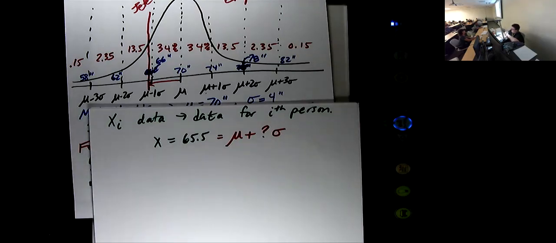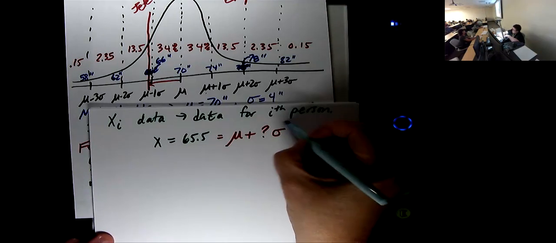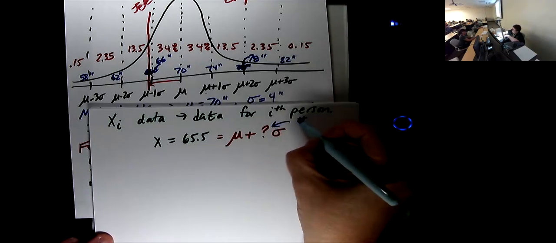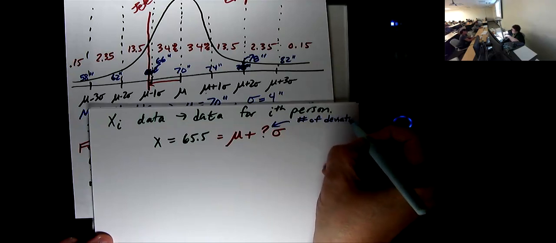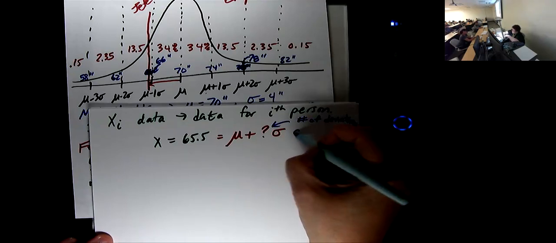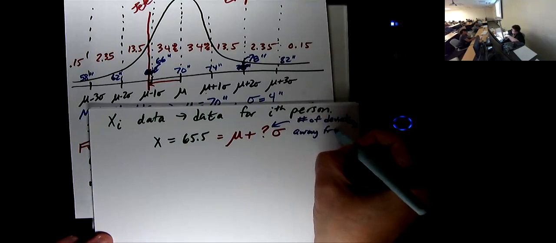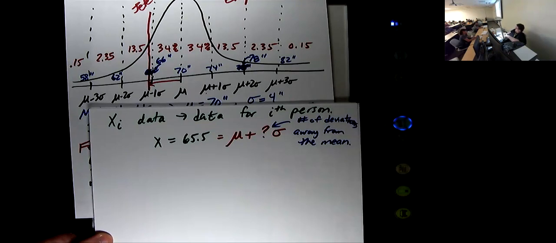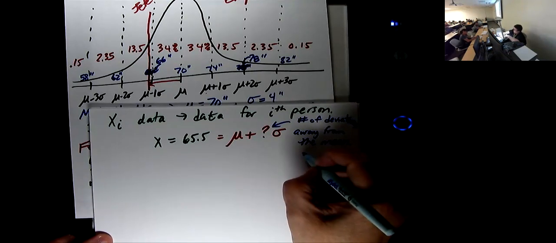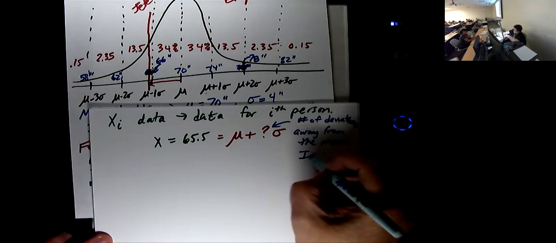We call this value the number of deviations away from the mean. I don't know what it is, but it's what I want.